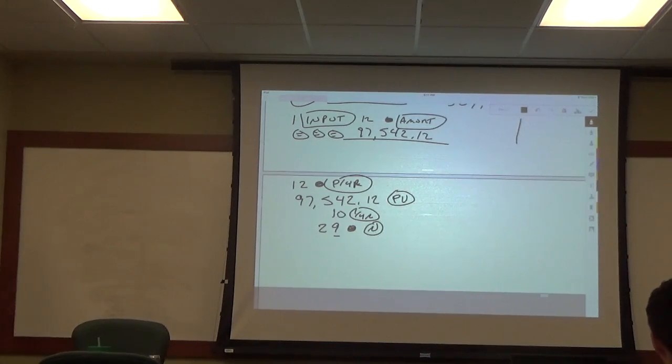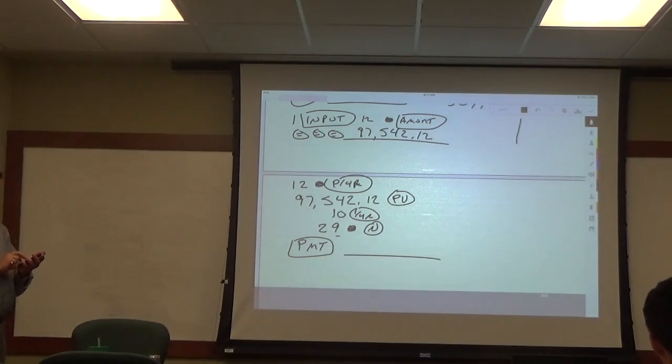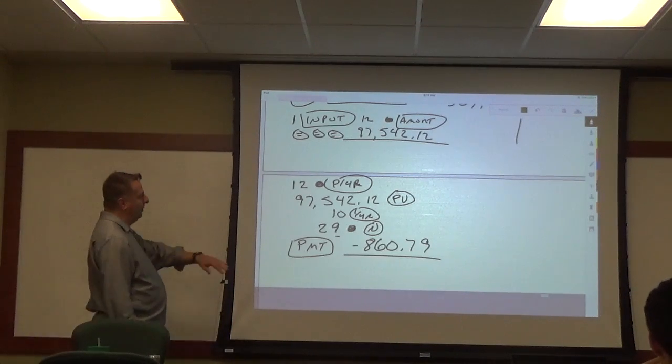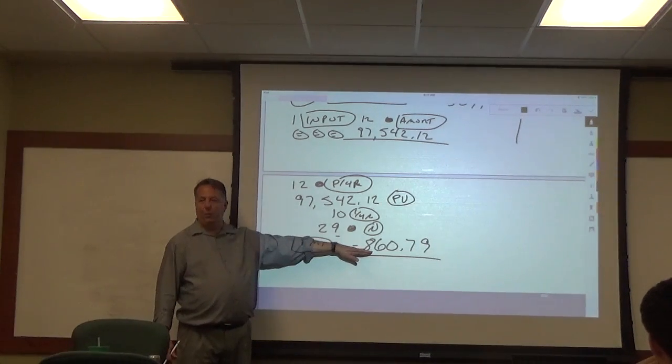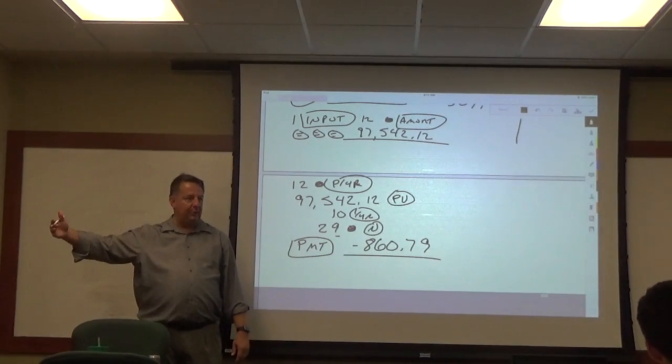So our new monthly payment is going to be $860.79 rounded. Okay? And so that will now be our payment from that point forward for the remaining 29 years, unless, once again, it changes again in terms of the interest rate.